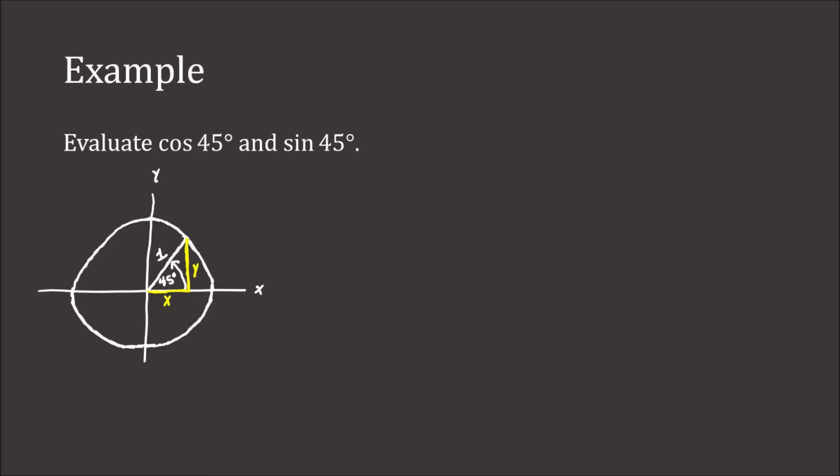Now, we're actually not going to be using the right triangle, other than to say that since it is a right triangle, it is a 45, 45, 90. So x has to be equal to y here. So since we have a 45, 45, 90 right triangle, x is equal to y.